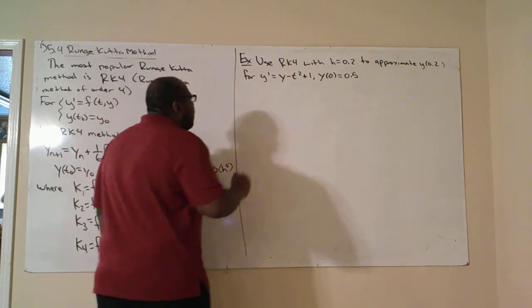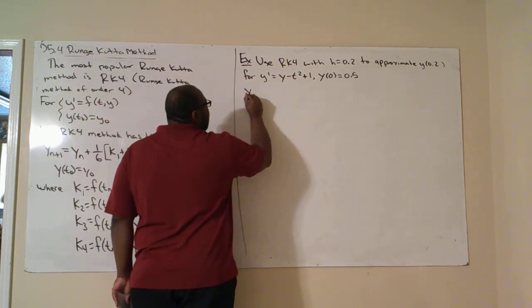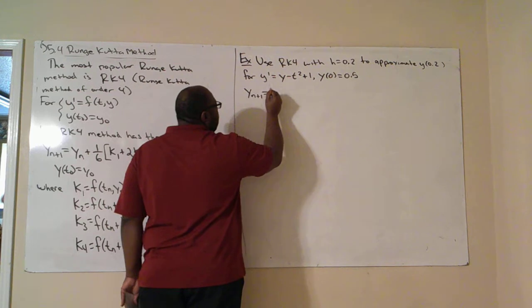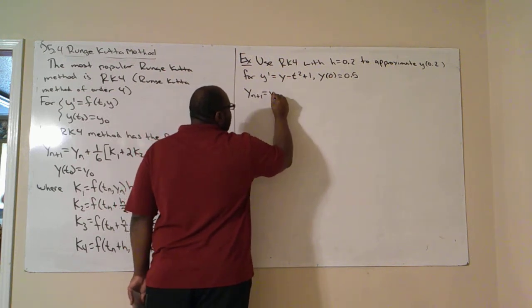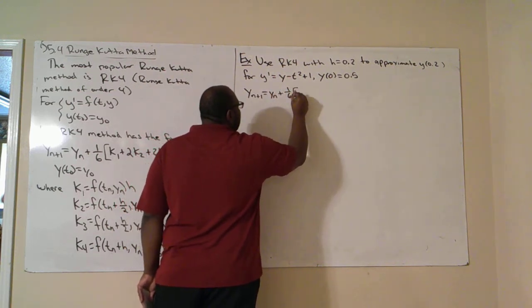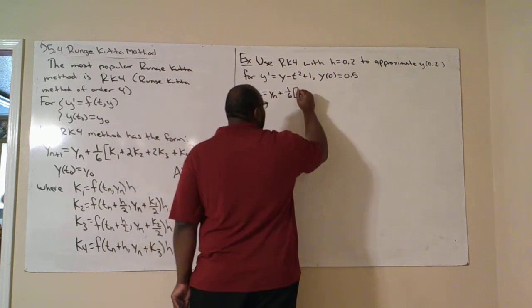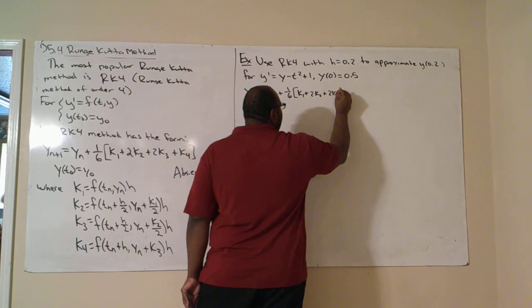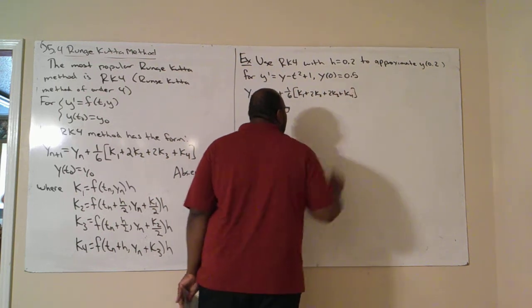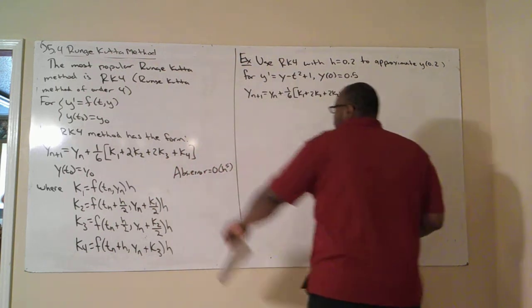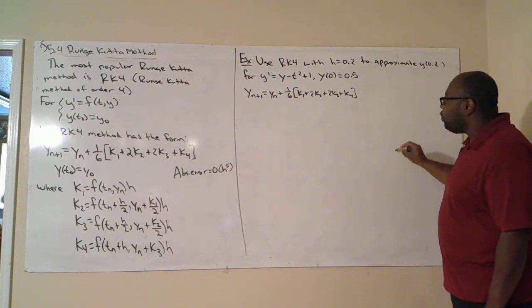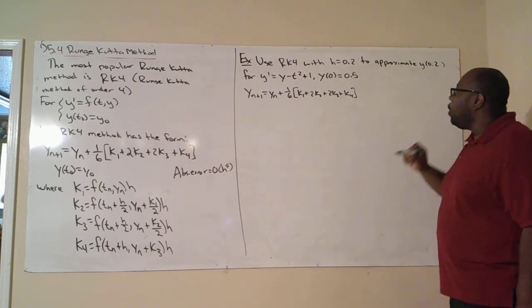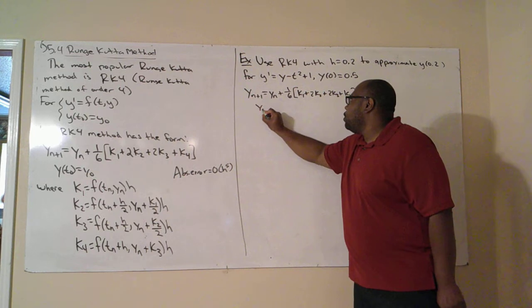Again, we have our differential equation. We have y sub n plus 1 equal to y sub n plus 1/6 of all those guys, k1 plus 2k2 plus 2k3 plus k4. Okay, I'm not going to go through and write all those things down again. I just want to write that part where we have y0 is equal to 0.5.